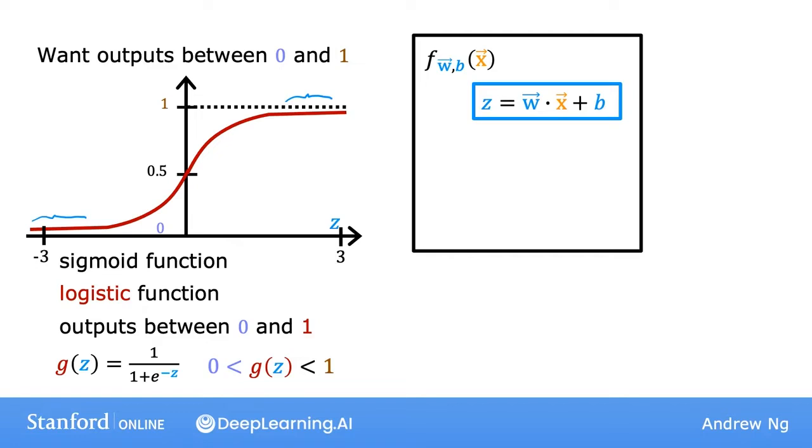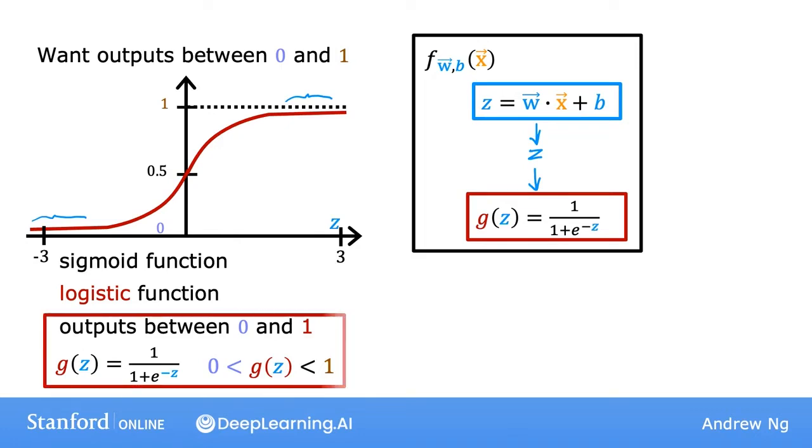The next step then is to take this value of z and pass it to the sigmoid function, also called the logistic function g. So now g of z then outputs a value computed by this formula, 1 over 1 plus e to the negative z, that's going to be between 0 and 1.